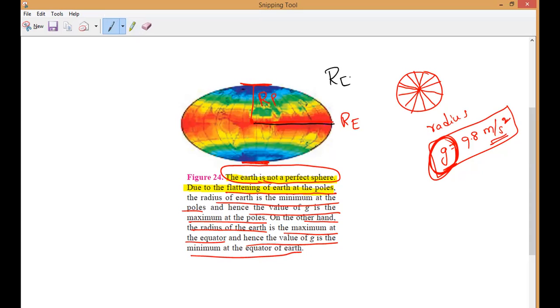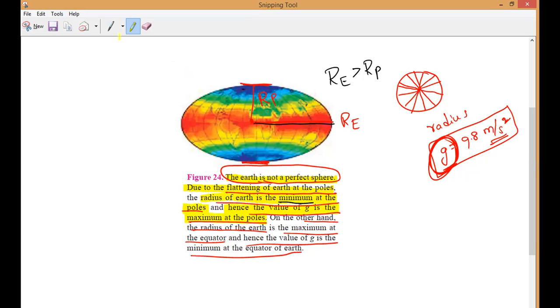So the radius of the earth is minimum where, guys, at the poles or at the equator? Mr. Kaushik? The radius is minimum at the poles. So the g value is maximum or minimum? The g value is maximum.